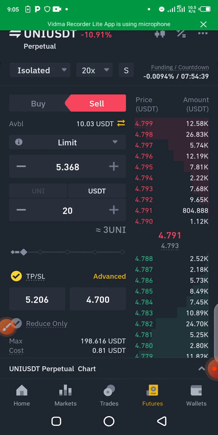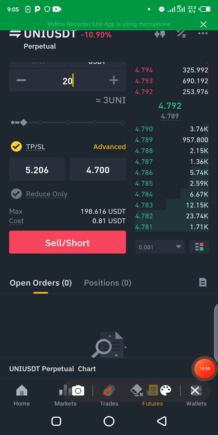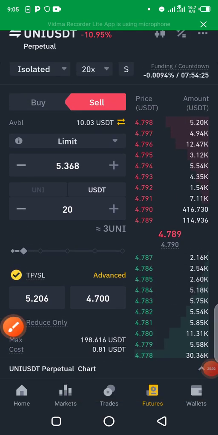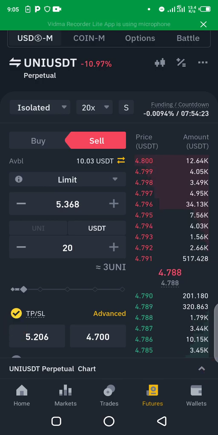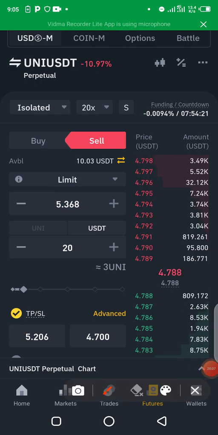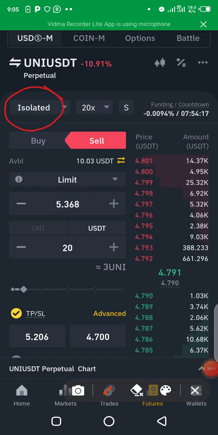So this being done, you can see the margin is well set. You can see it's on isolated. It's an isolated margin. My leverage is 20x.